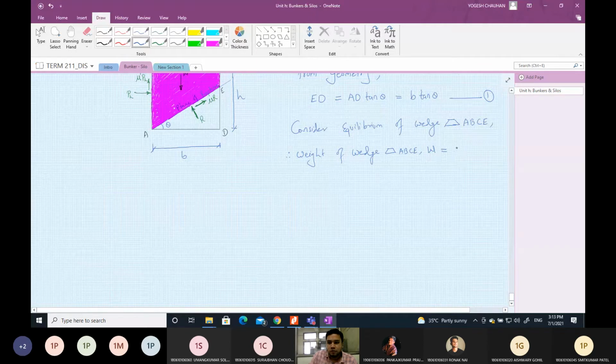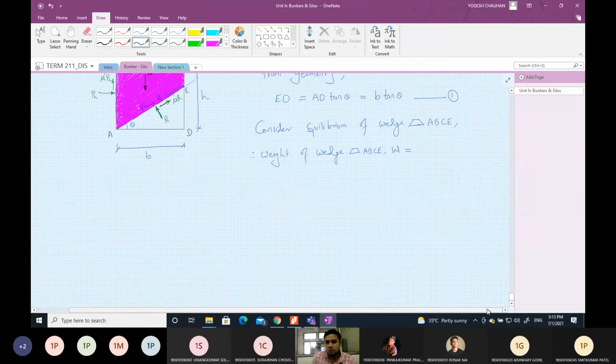So the area of the wedge A, B, C, E multiplied by gamma.